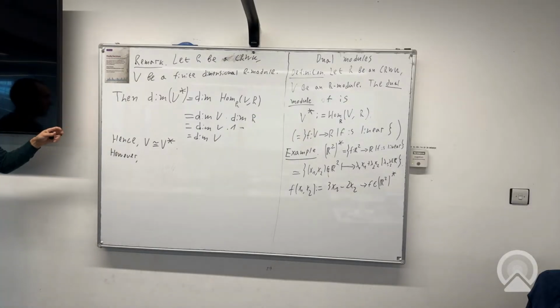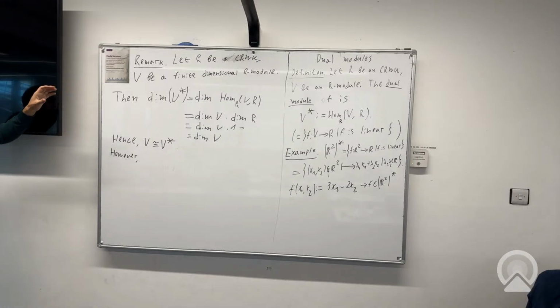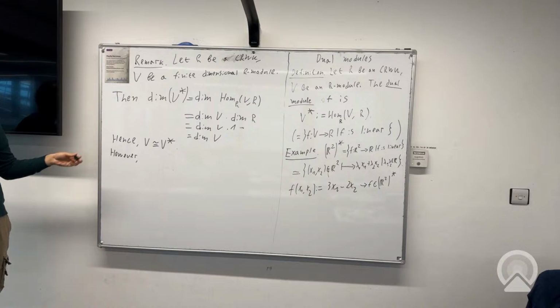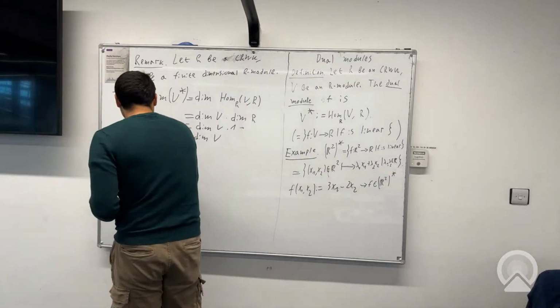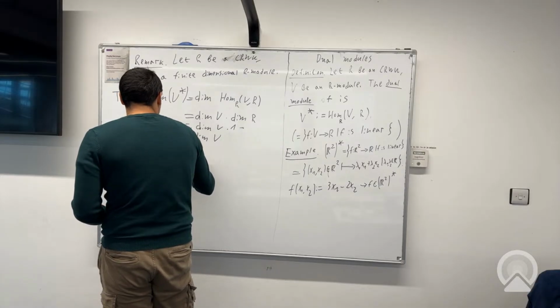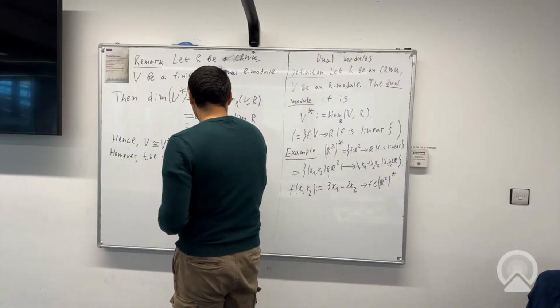In the previous proposition, when we showed how homomorphisms correspond to matrices, we fixed some basis e1 to en of V and f1 to fm of W. So the isomorphism depends on a choice of basis.